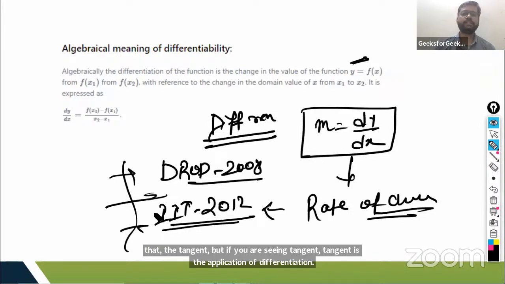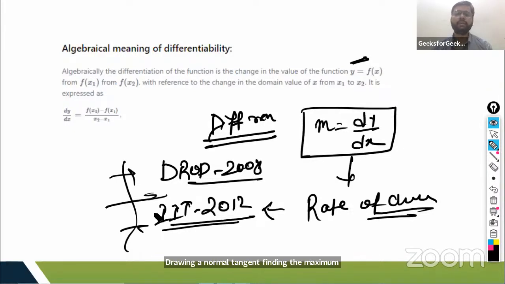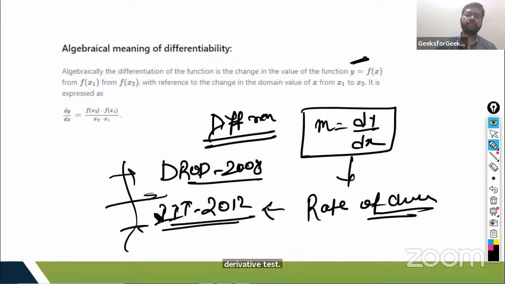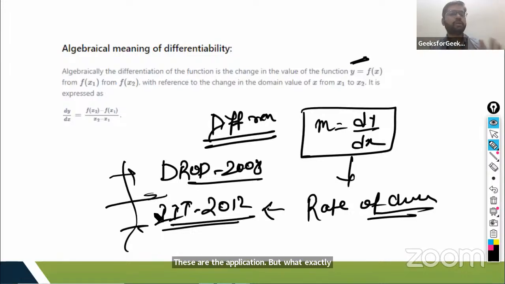Drawing a normal and tangent, finding maxima and minima, doing the first derivative test and second derivative test, these are applications. But what exactly does differentiation resemble? It means you are changing something with respect to time or with respect to any other variable. These are rate of change movements. This is called differentiation.